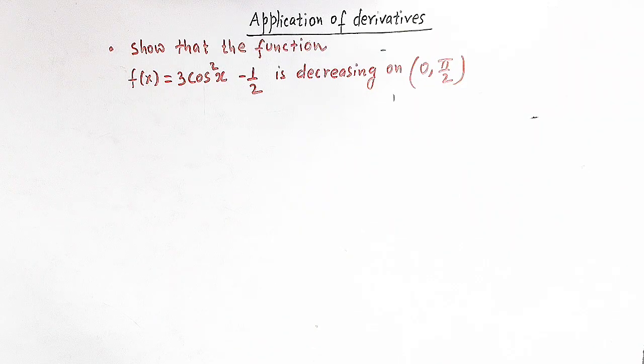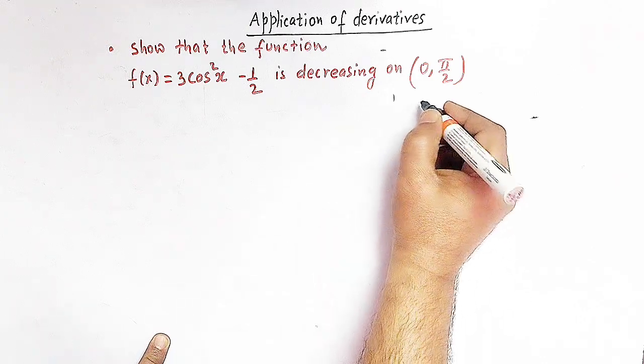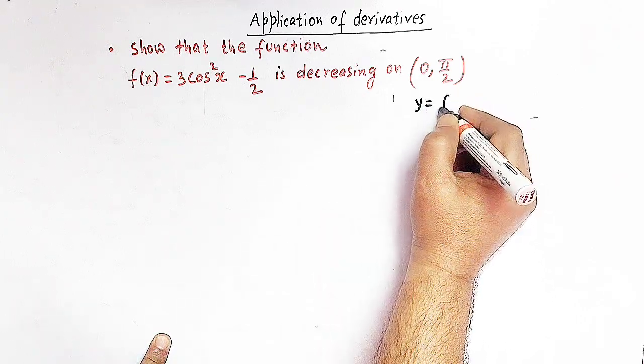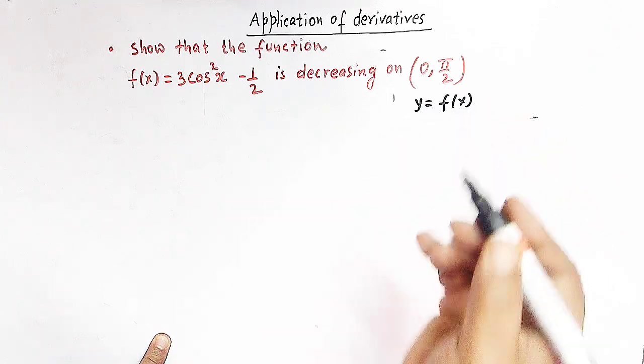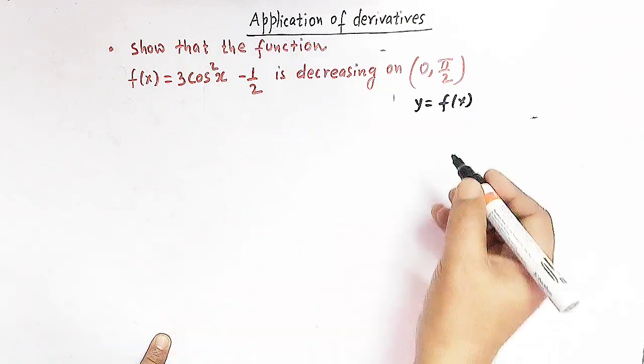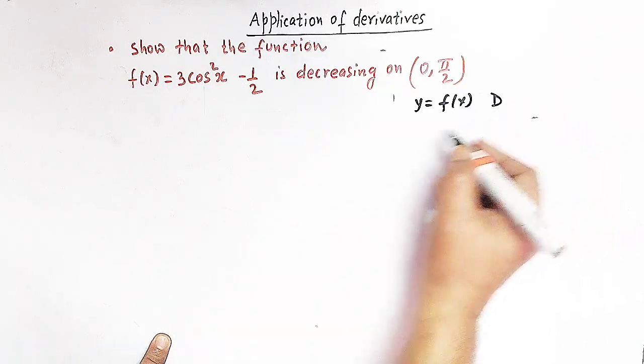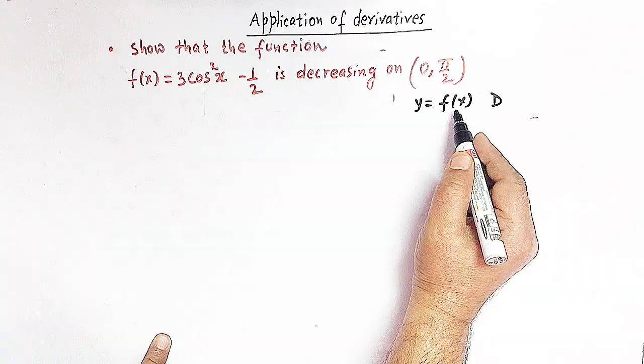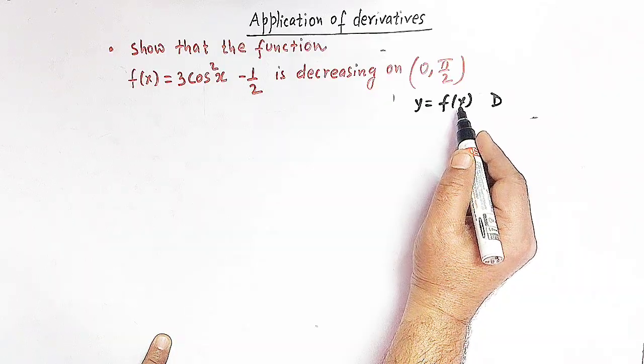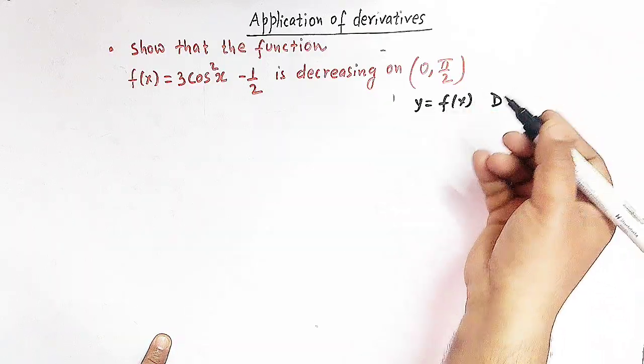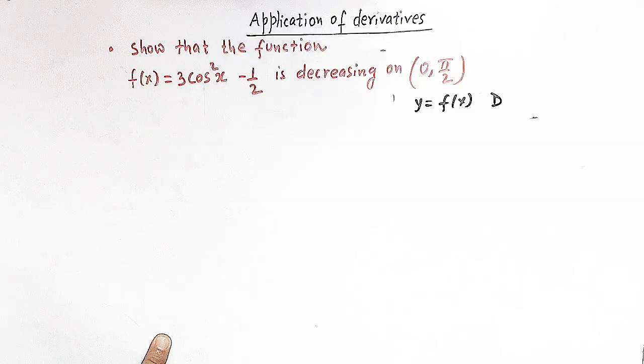So here again we'll take help of the concept of derivative, right? Now see, we know that a function say y is equal to f of x, which is defined in some domain say D, and if this function is continuous and differentiable in some open interval, right?